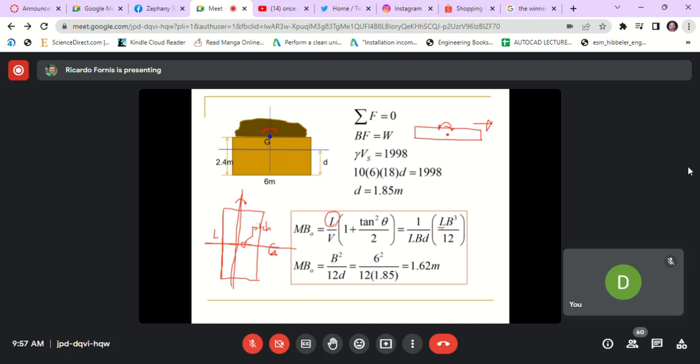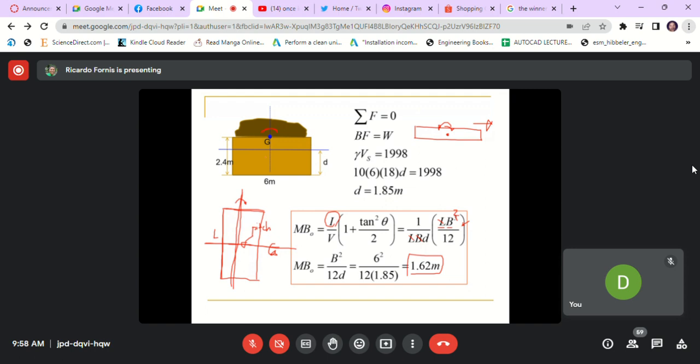So the base, multiplied by the cube of the height for the rectangle, but the height is the B. So L B cubed, then the volume submerged is L B draft, over 12, because the formula for moment of inertia is 1/12 base times the cube of the height. So you can remove the L, you can remove B. This one will become squared. So finally, you have B squared over 12D. That means the MBO equals 1.62.